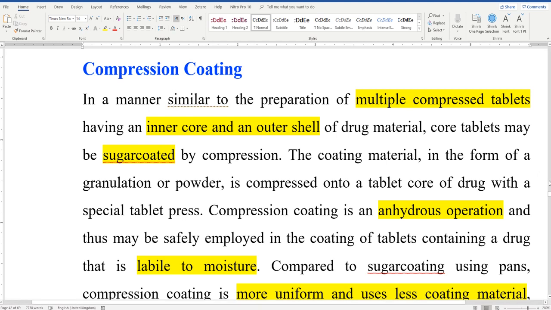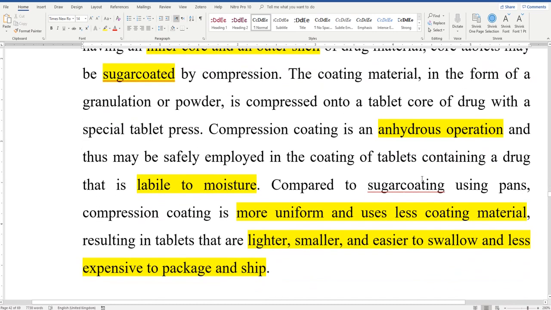As I told you, the good thing is that it is anhydrous, so it's good for material that is affected by or liable to moisture. The other good thing about this is that the tablets are more uniform in size. If you remember my explanation about conventional sugar-coated tablets, I said that the tablets might have little variation in their sizes because the coating material is not really accurately controlled.